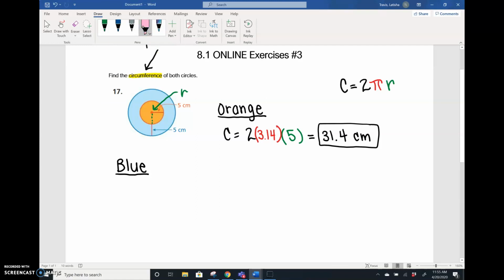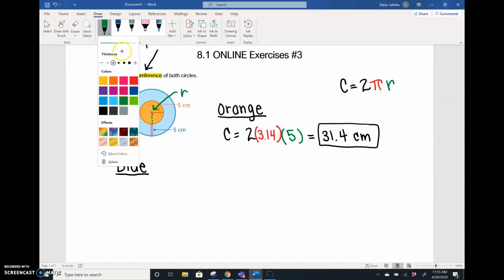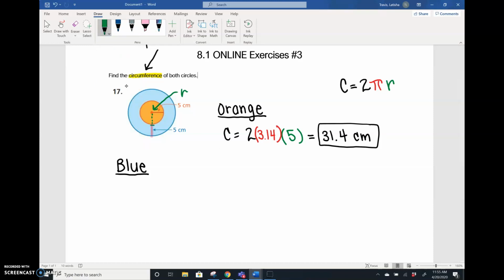This length here, the distance through the blue shaded area, plus the distance from the edge of the orange shaded circle to its center, that is the radius of the blue larger circle.